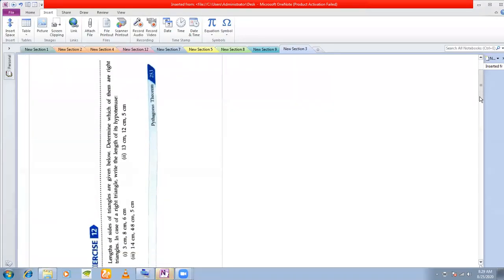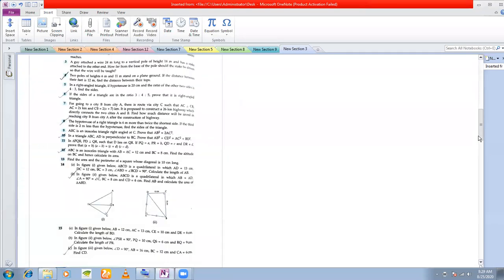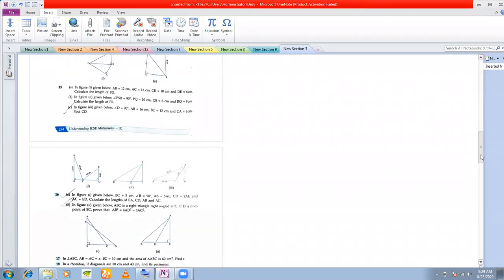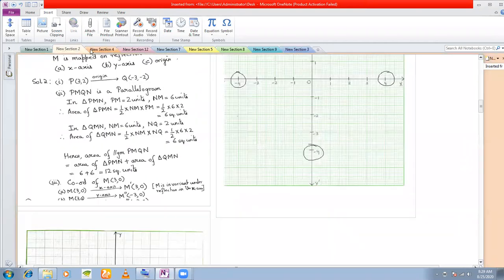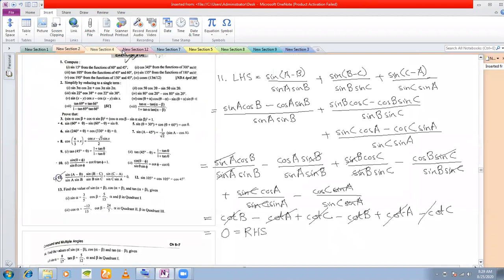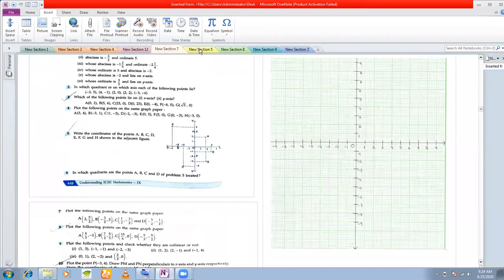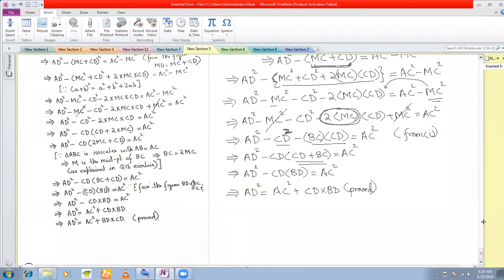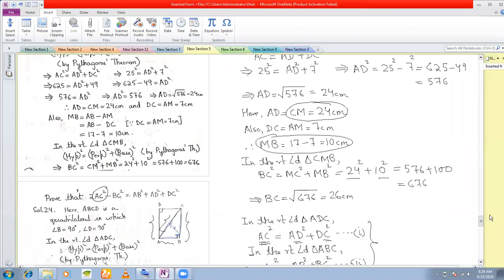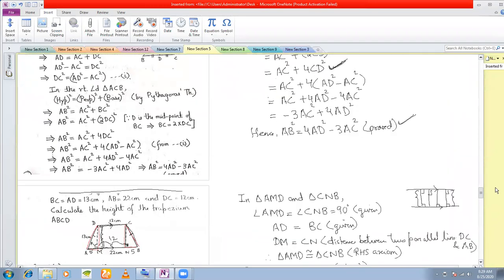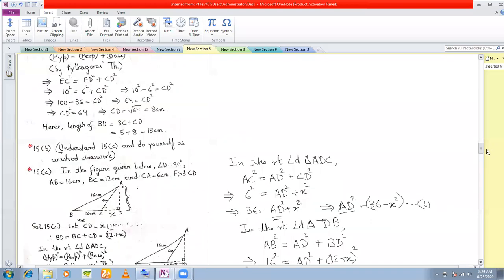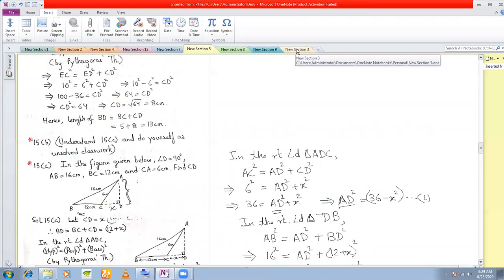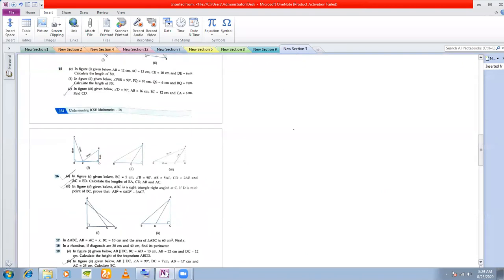Okay, fine. So this one, the homework problem I had given you. Can you tell me which one was this? Let's see which number I had given you. Only one problem I think I have given you. Yes, 15b. So 15b is I think this one.